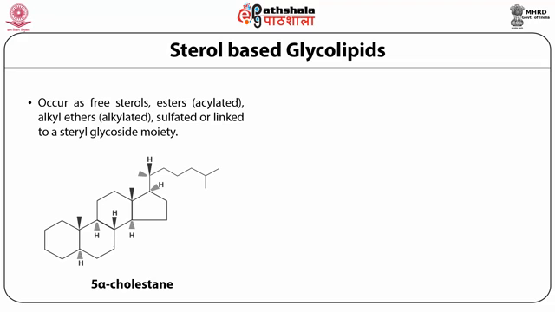Being absent in archaea, they are sparingly distributed in bacteria and Methylococcus capsulatus. For example, Proteobacteria, Gemmata obscuriglobus, along with Myxobacteria members.